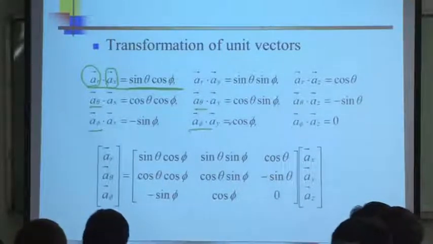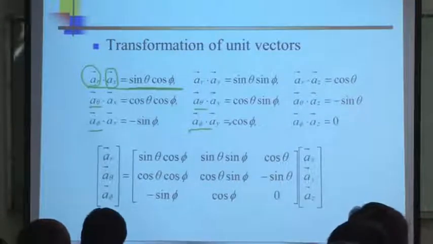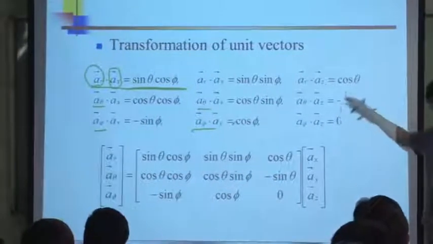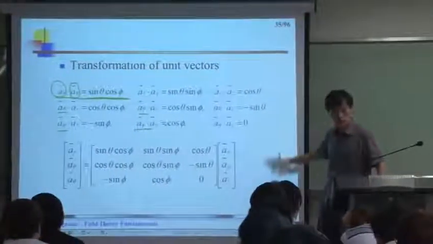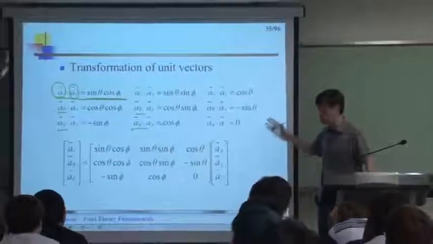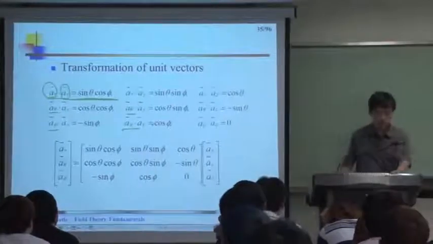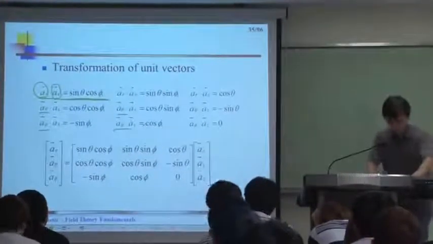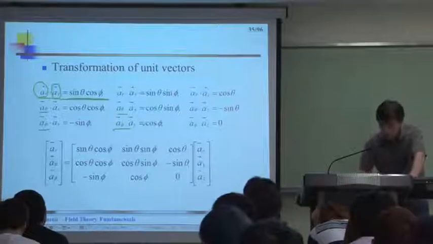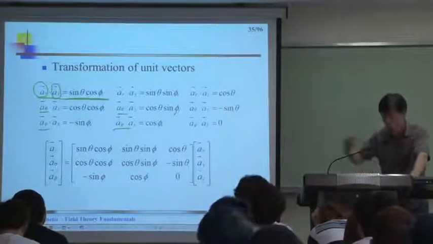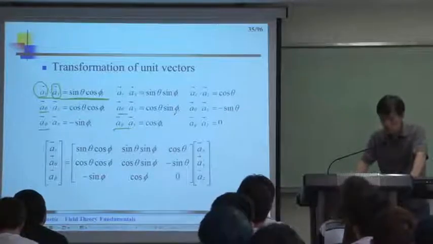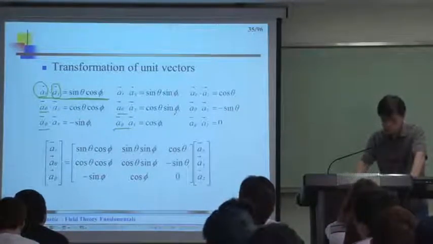So it's a somewhat tedious process to get all the relations. It is purely mathematical, nothing to do with electromagnetics. So I don't want to explain all the details, but I just give you the idea of how they are related with each other.